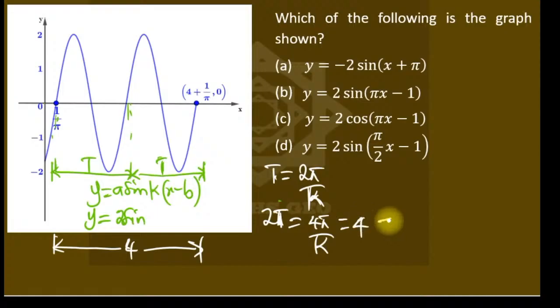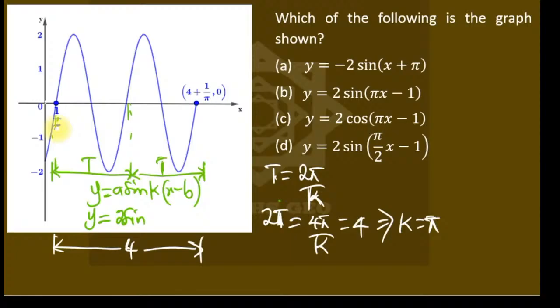So what do you have to say? k is pi. So for our answer and our shift, remember we shifted to the right. The original function will always start from the origin, but we moved 1 over pi.